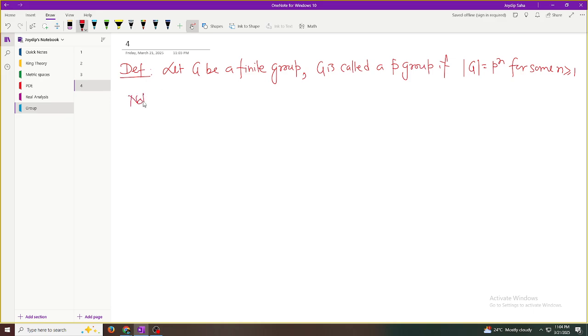Note that G is a P group, where P is a prime.